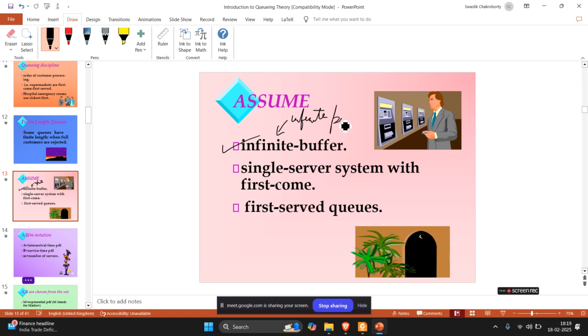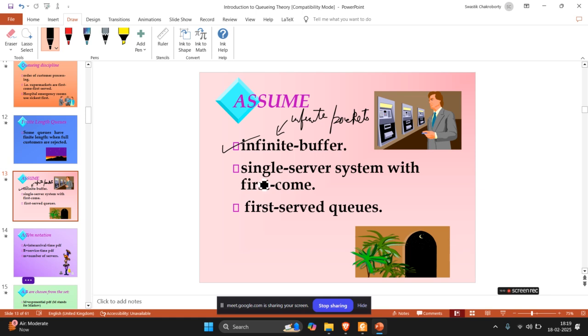Since we have infinite packets, we will have an infinite buffer, because if one packet comes, it will have to get served, then the next packet comes, it will have to get served. At the same time, if the arrival rate is high, a lot of packets might come which might not get served. So since there are infinite customers, to handle them we need an infinite buffer, which is not practical, but we will take it as our assumption for analysis.